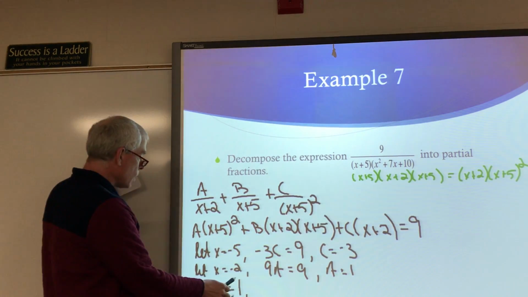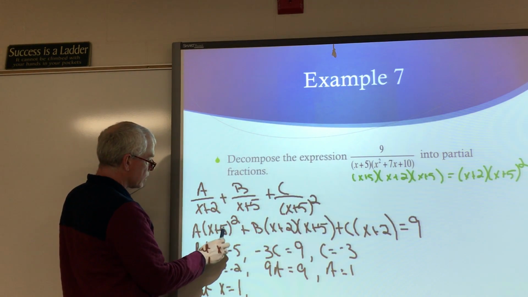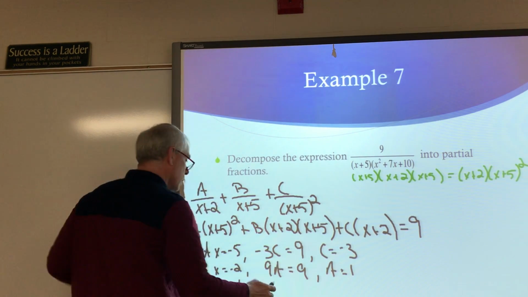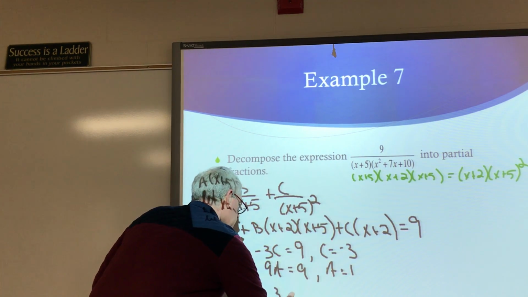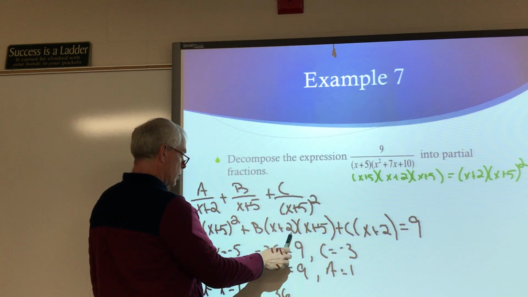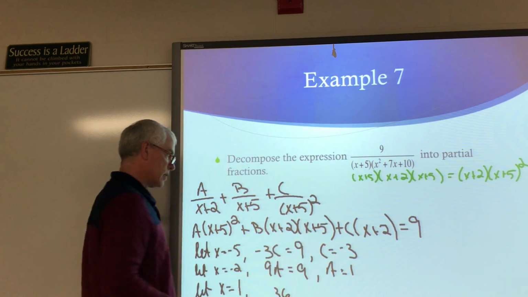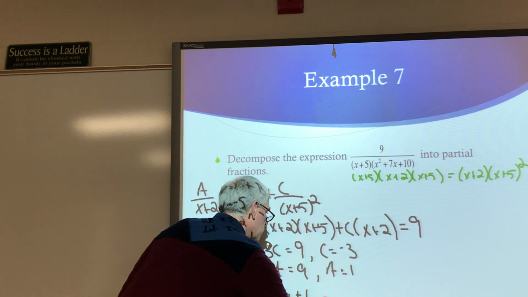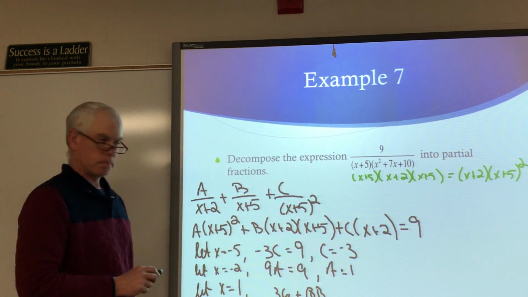So when I let x equal 1, I get 1 plus 5, which is 6, squared is 36, times a, which is 1. So that's just going to give me 36. Okay? Over here, 1 plus 2 is 3, 1 plus 5 is 6, 6 times 3 is 18, and I don't know what b is, so I've got 18b. Okay?